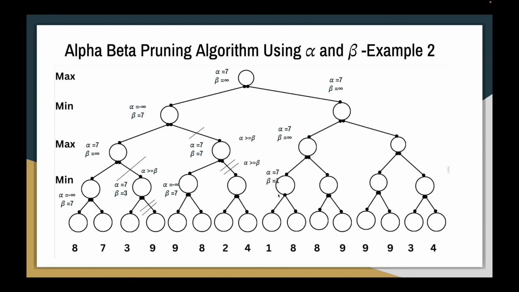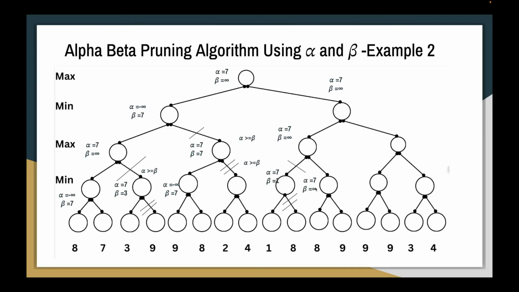So the next node will not be evaluated, it will be pruned. Now this is the maximizer. In that, the maximum value is 7, so the values will be kept as they are.